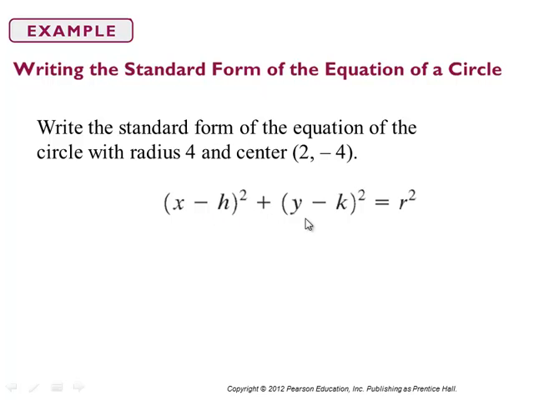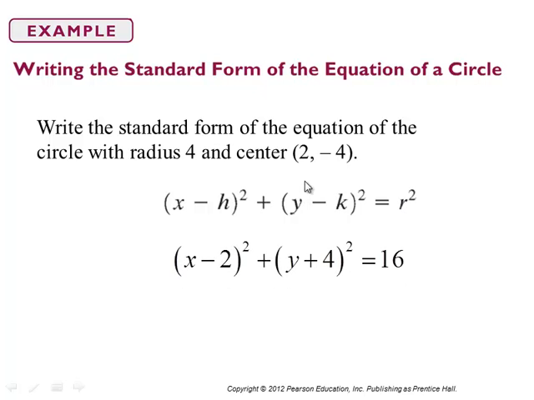So all we need to do, though, is just use this equation here for the standard form, and then if we know the coordinates of the center, like in this example here, then we plug the x-coordinate of that center point in for h, and that y-coordinate in for k, which is -4, and then we'll plug in 4, which is the radius, in for r, and then see what we've got now.